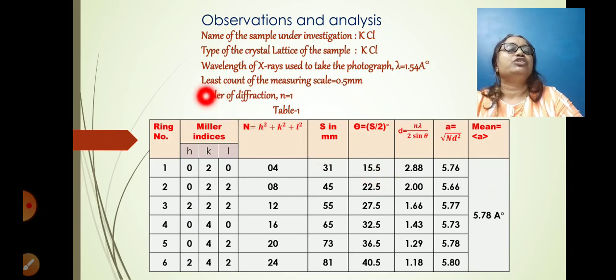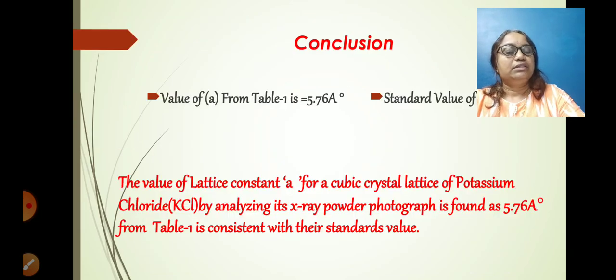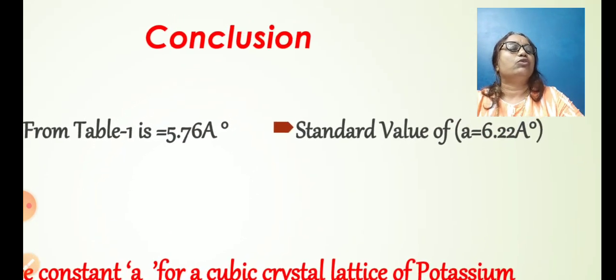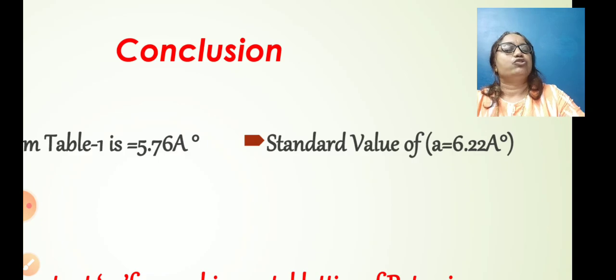These are the observations: name of the sample KCl, and we have the wavelength, and the order of the spectrum. And lastly, we have the conclusion part. The value of a from table 1 is 5.76 as we have got from the calculation, and the standard value is around 6.22 angstrom units.